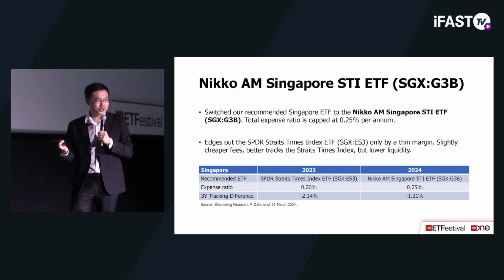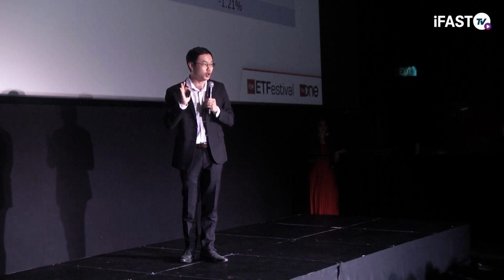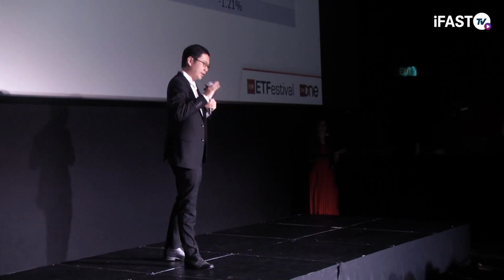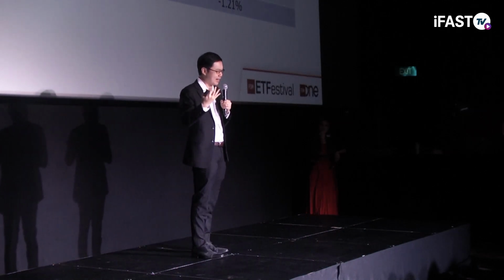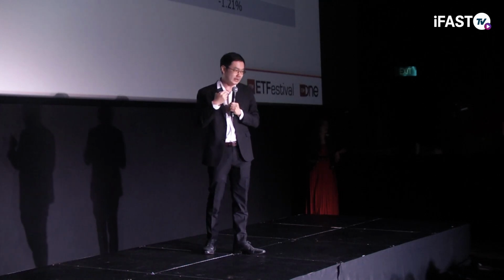So it seems like a deliberate decision to try to undercut their rivals. But whatever the motivations, whatever the reason is, the ones who will benefit from this lowering of the expense ratio are actually investors like you and I. So because of this lowering of the expense ratio, now Nikko AM has a slight advantage. And I've also included the tracking difference of these two ETFs. So you can see over the past 3 years, Nikko has actually done a slightly better job at tracking the performance of the Straits Times Index.